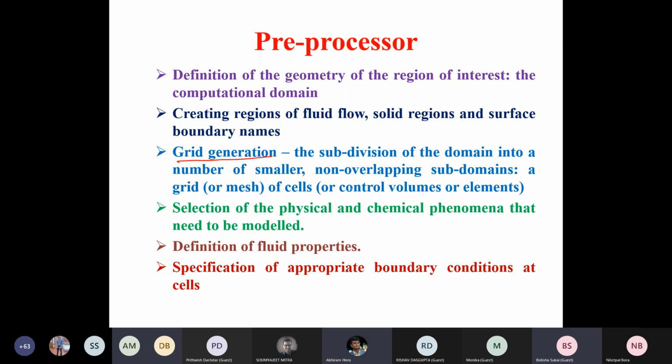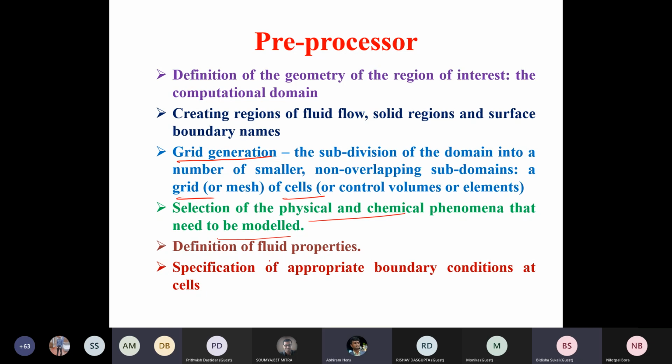This means the subdivision of the domain into a number of smaller non-overlapping subdomains. A grid or mesh or cells, either grid or cells. Okay, so it can be a control volume or control element depending on the process that you choose. Then selection of physical and chemical phenomena that need to be modeled. Okay, so if a reaction is involved, then you need to take care of the reaction model. So you have to choose that.